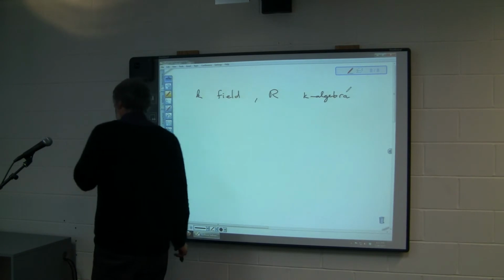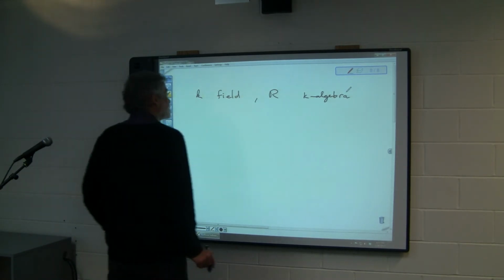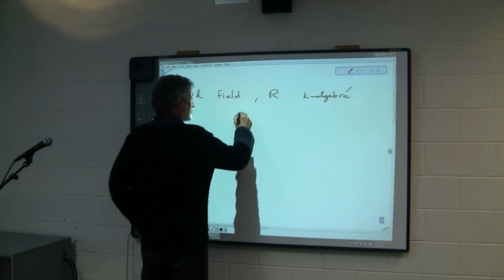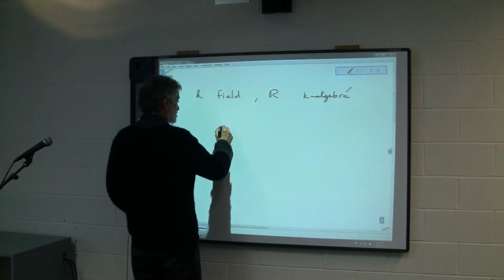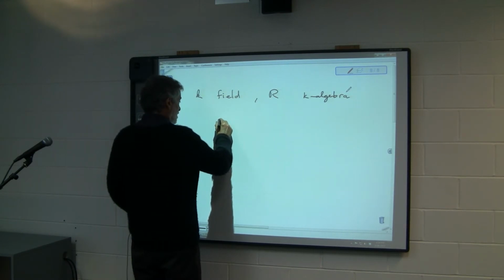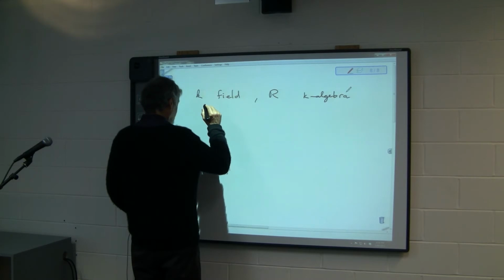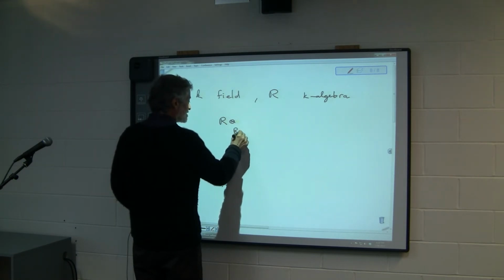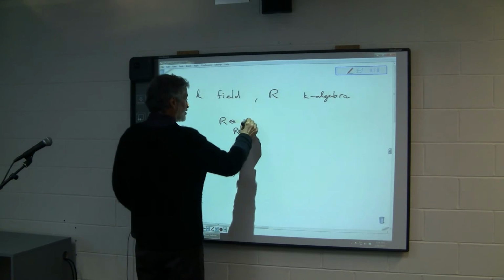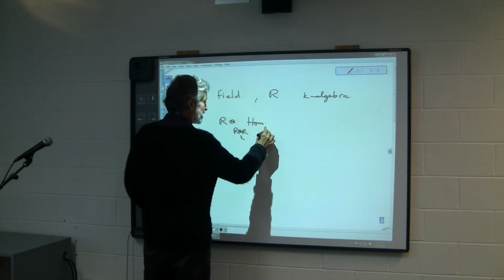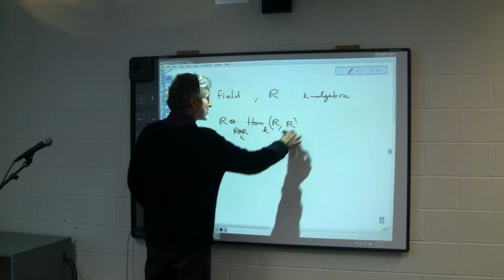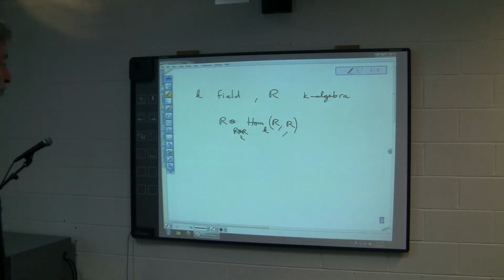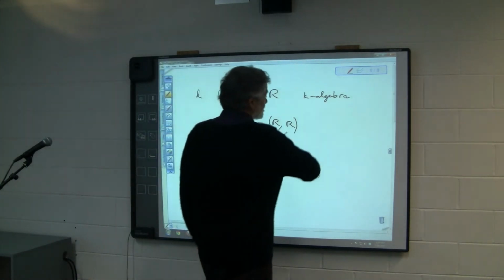Then you can form the following: R tensor over K with R. So this doesn't look like differential forms, but it turns out that there is a canonical map.